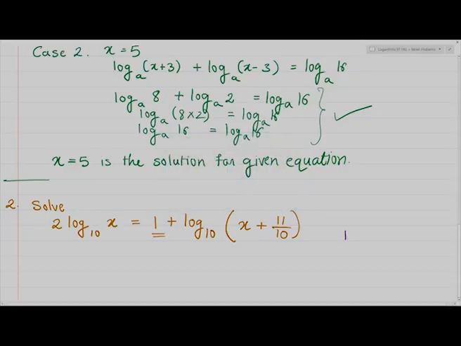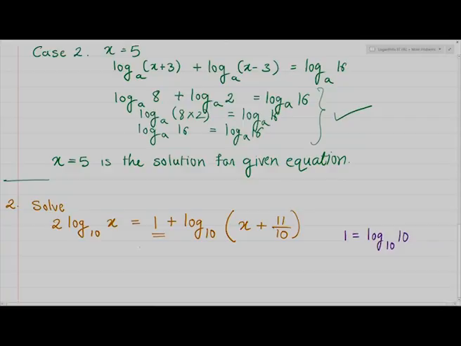What is 1 equal to? This we are doing from the beginning. Log to the base 2 of 2 is what? 1. Log to the base a of a is what? 1. So, log to the base 10 of 10 will be 1.